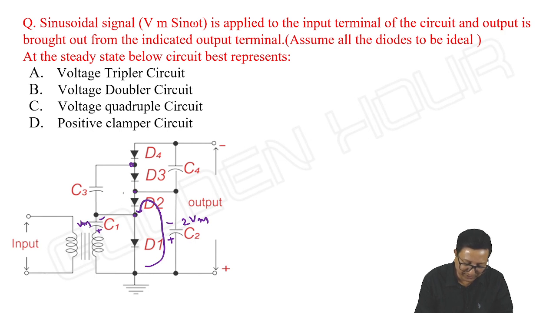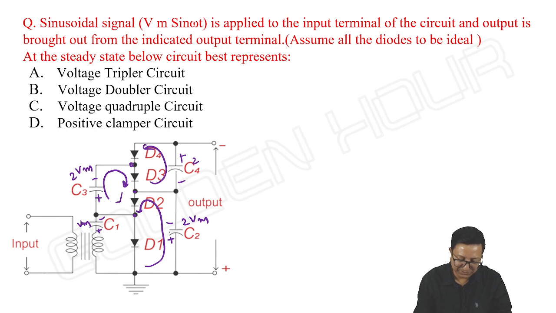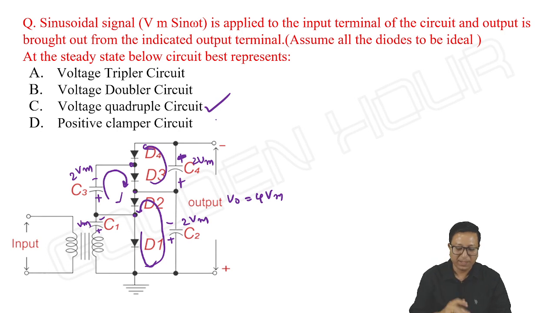If the diode is on, the current will go like this, so it will charge up to 2 Vm with polarities. The capacitor C4 will charge up, going in the direction of the diode. Always the current should be in the direction of the diode. So plus minus 2 Vm. So the output is equal to 4 Vm from bottom to top, a voltage quadrupler circuit.